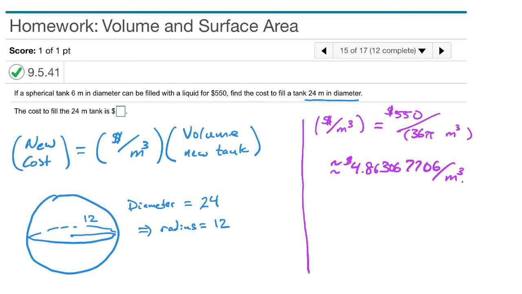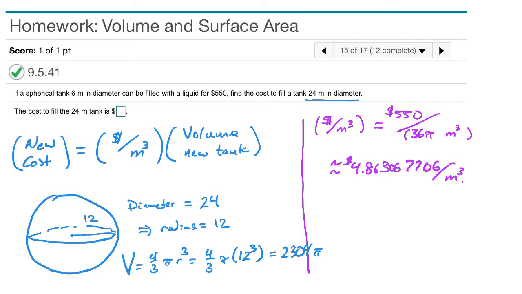And once again, once we know the radius, we can use our formula of 4/3 pi r cubed to then find the volume of that new sphere, so 12 to the 3rd power, and that's going to give us a volume of 2304 times pi.